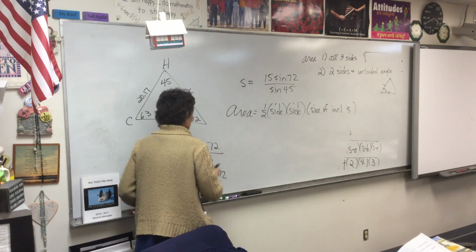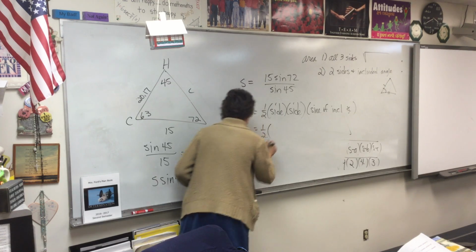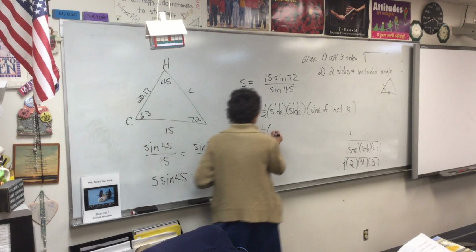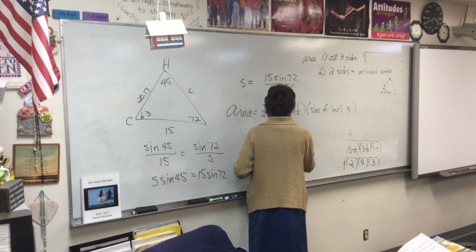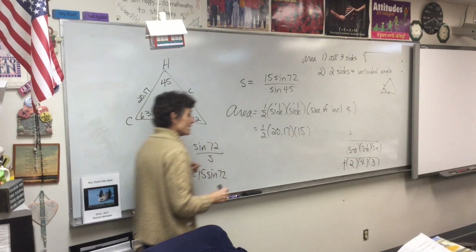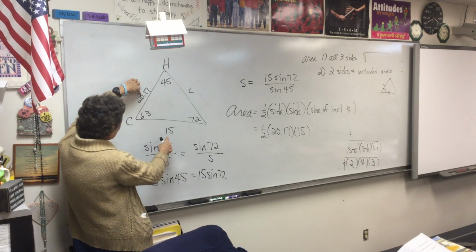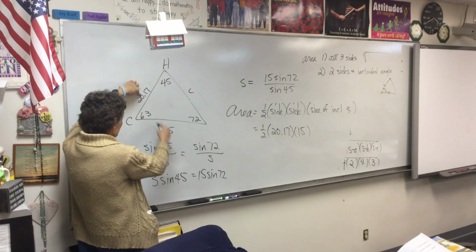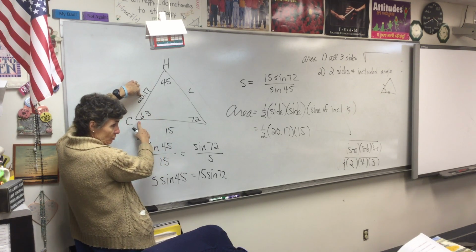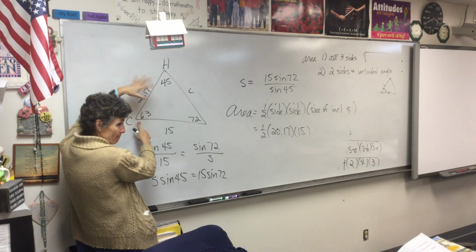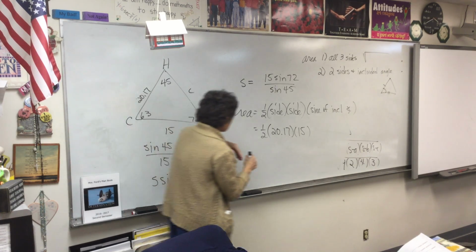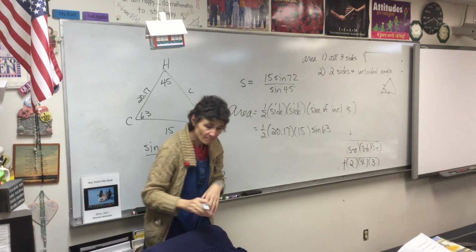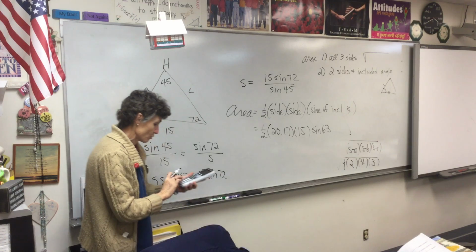So here we go. 1/2 side, 20.17 and 15. Those are my 2 sides. And since I'm using 20.17 and 15, the angle I have to use is 63. It's the one in between them. So sine 63. Type it in. That's the area of the triangle.